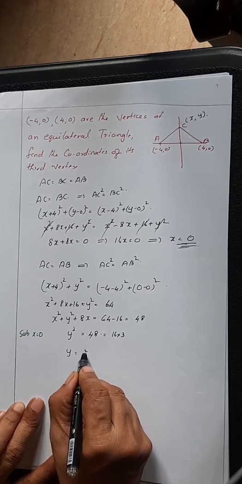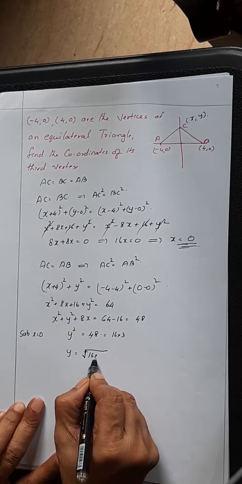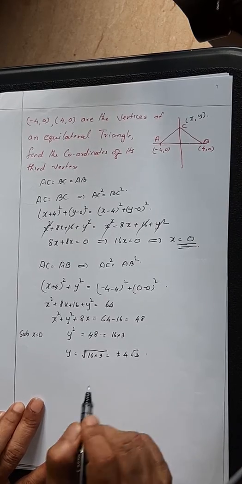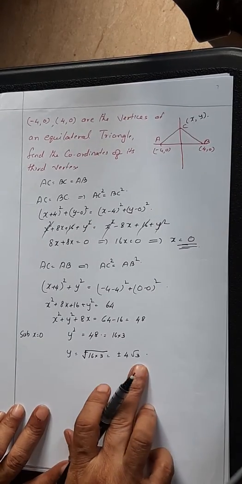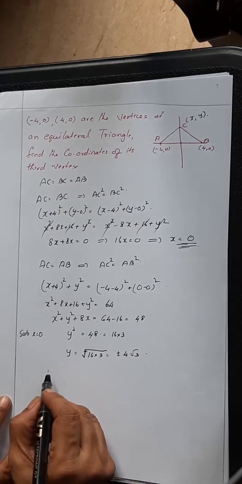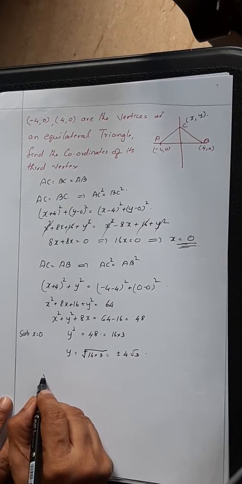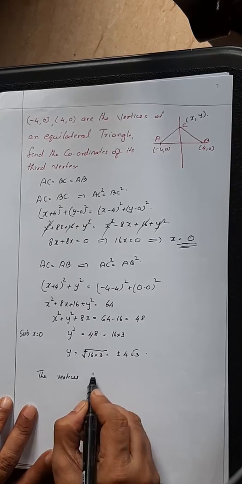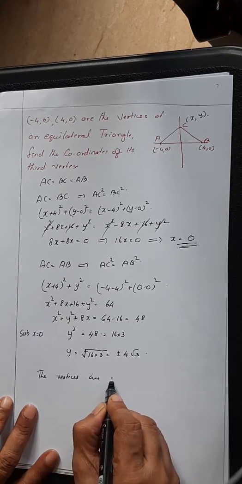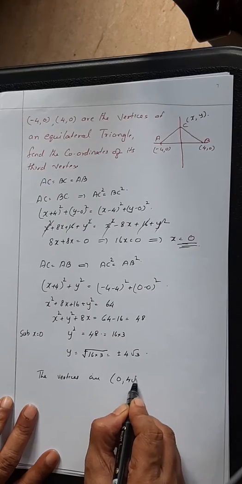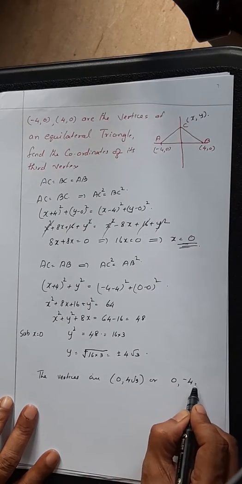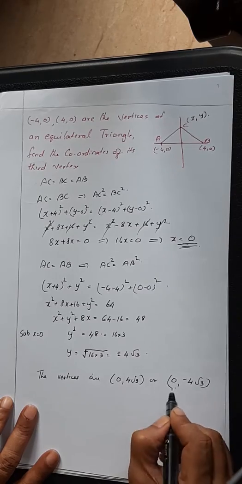So root of 16 into 3 becomes plus or minus 4 root 3. So now you have two values for y. So the vertices are (0, 4 root 3) or (0, minus 4 root 3).